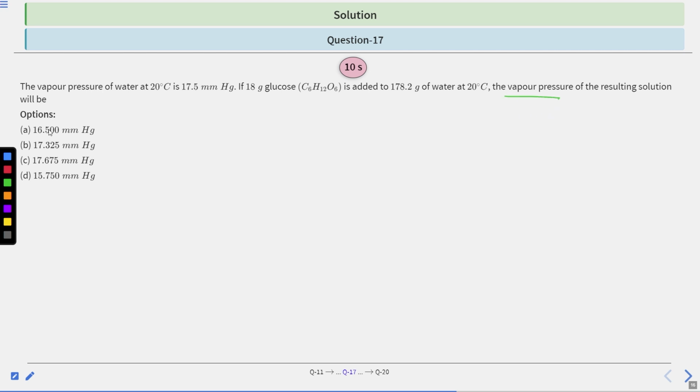Options are 16.5 mm of Hg, 17.325 mm of Hg, 17.675 mm of Hg, or 15.750 mm of Hg. So you have 10 seconds to solve this question. After that, we will see the answer.